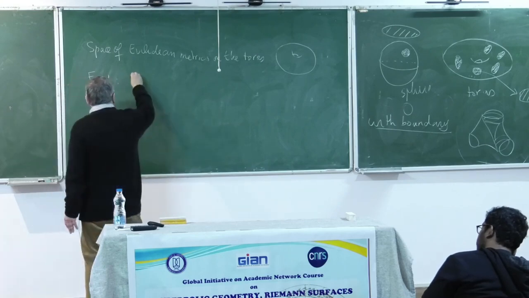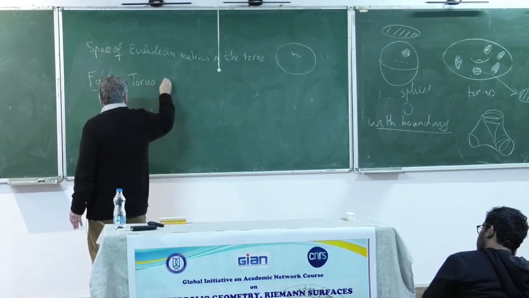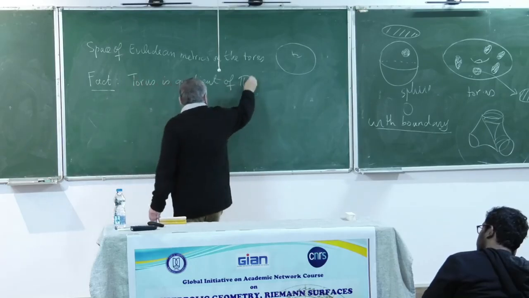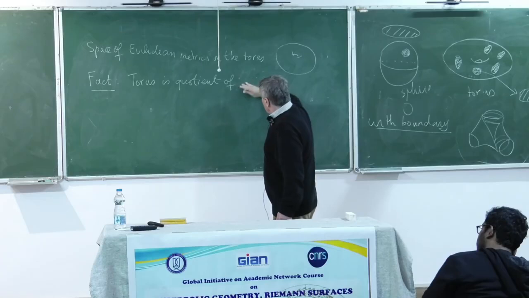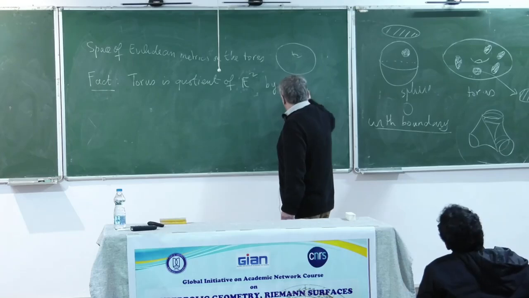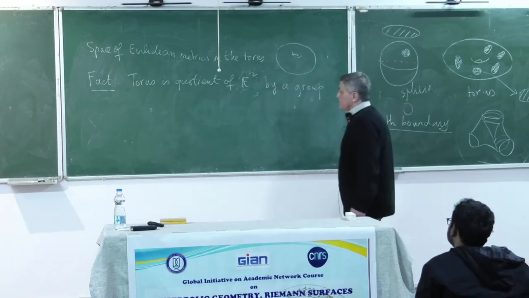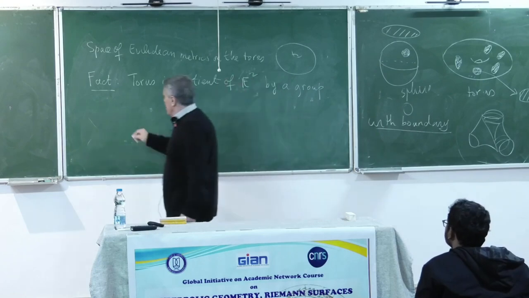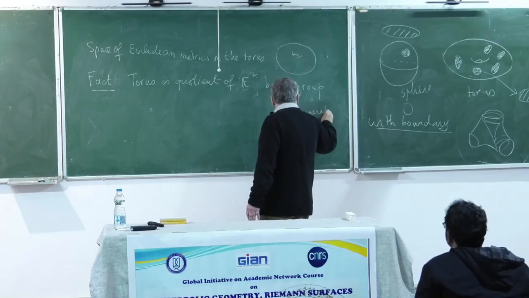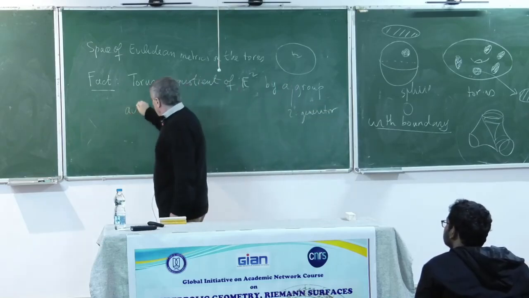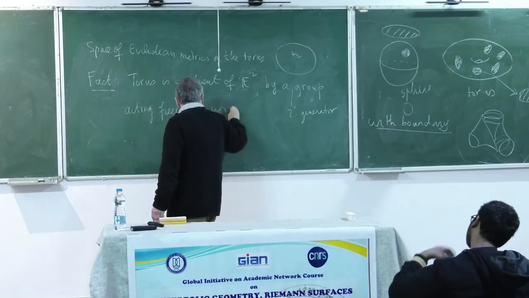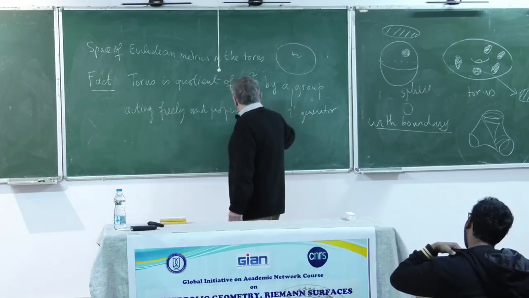So okay, the first fact. The torus is the quotient of the Euclidean plane, let's write it here, U for Euclidean plane, by a two-generator group acting freely and properly discontinuously.